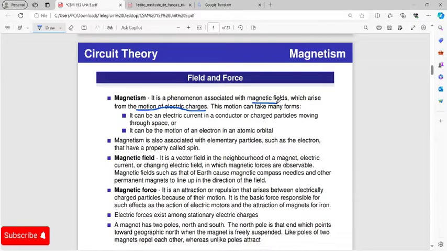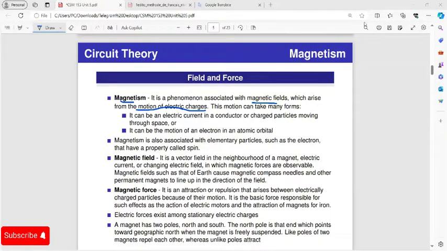And magnetic field is also associated with magnetism. So the definition of magnetism is something that occurs as a result of magnetic field, and the magnetic field is also caused by motion of electric charges. That's a simple and brief definition of magnetism.